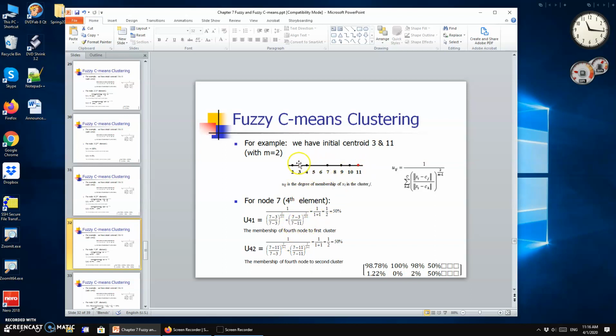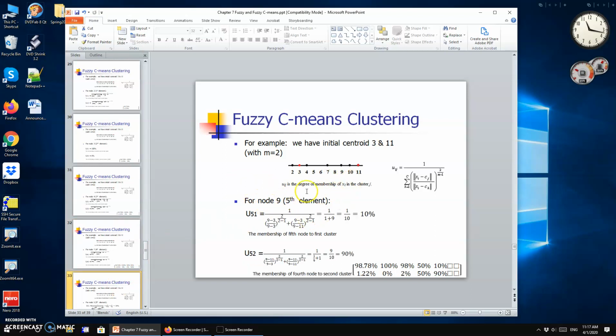You can see that we keep the same value, 7 minus 3 over here, and what we change is the denominator for the two clusters. In this case, the value we get is 50% because it's right in the middle of the two. The other side gives you the same value, with 7 minus 11 in the numerator, and we get another 50%. So this gives you 50% and 50%.